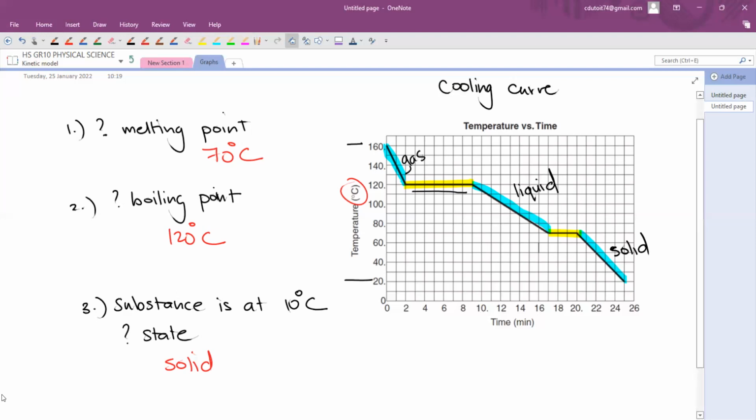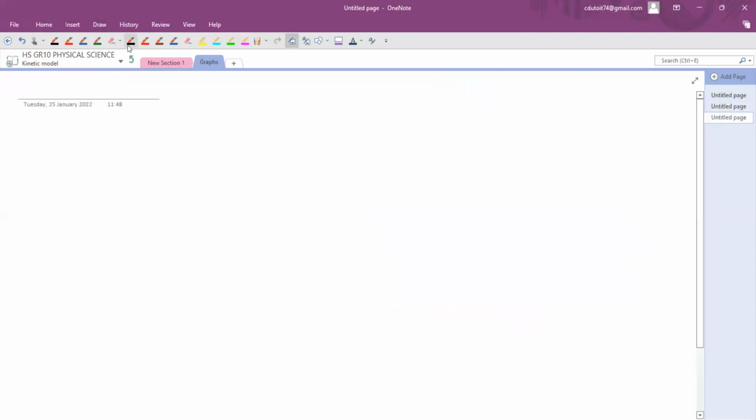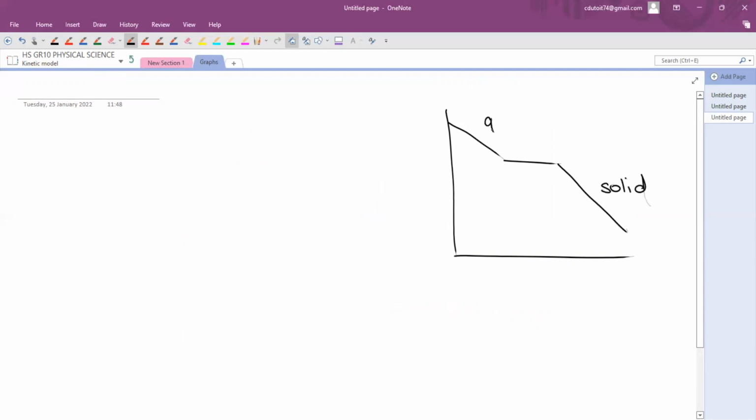They might try and make it very difficult for you. They might do this. They might give you a curve that's only got 2 sections in it. Something like that. And then they're going to give solid here and gas here. Well, this is quite interesting.